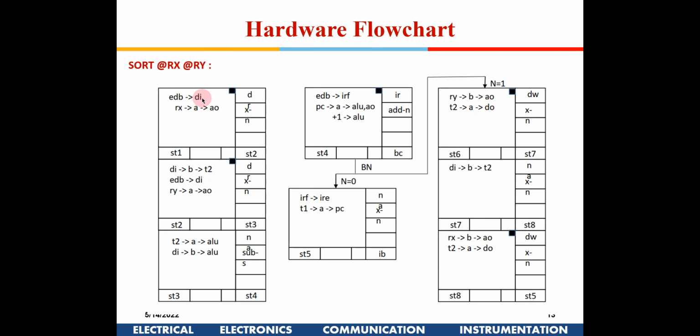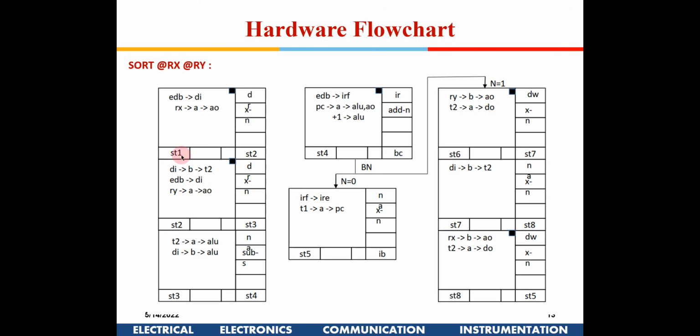Since it is a data transfer instruction, I am putting a D out here. See the labels and how it is changing. So it becomes a D out here. And since there is no ALU operation here, I write an X and dash, and just neglect this. That means there is no ALU operation involved here, right?